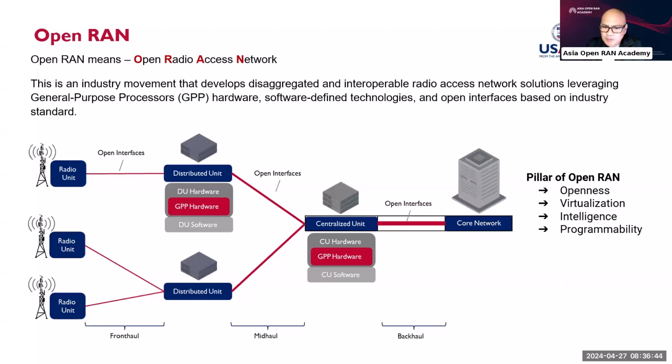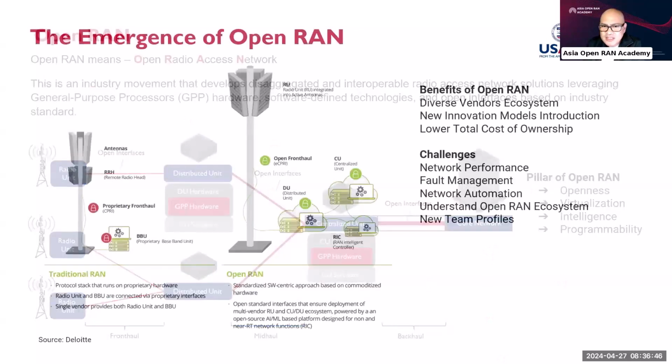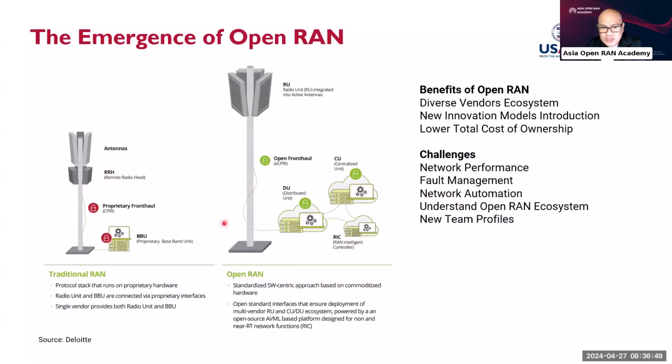So how do we compare it to an existing RAN? If we compare it, what you see right now in the implementation of RAN is what we call the traditional or proprietary RAN, which uses proprietary hardware and software. So we call it a black box.